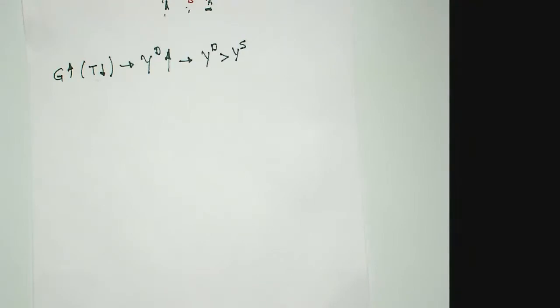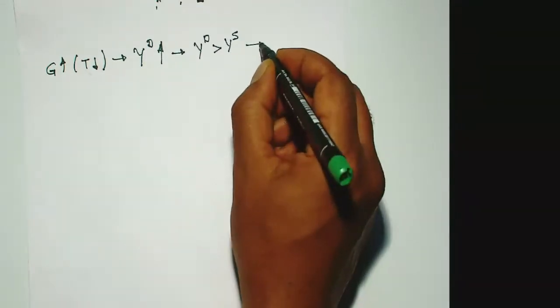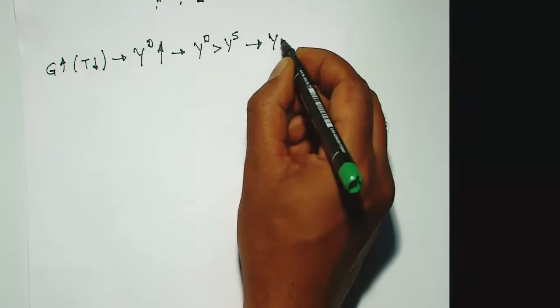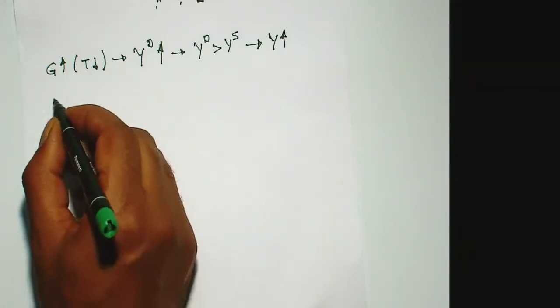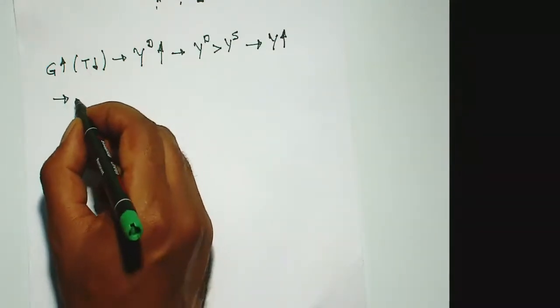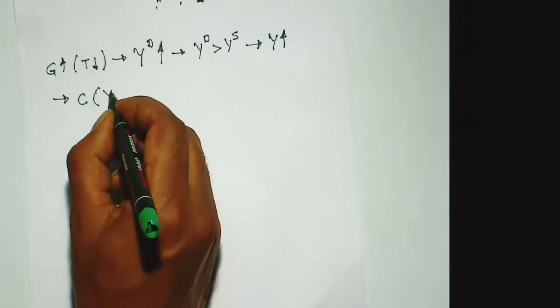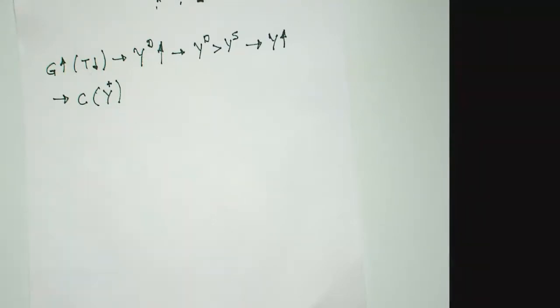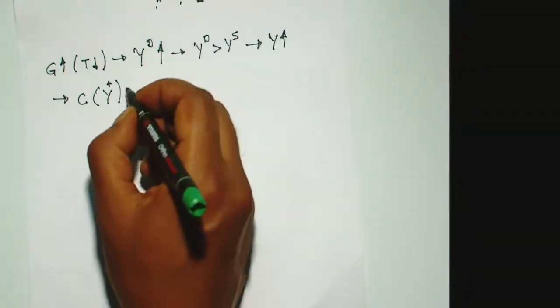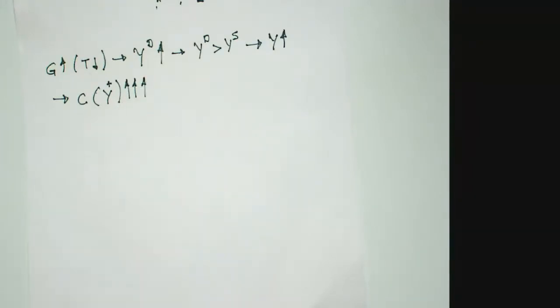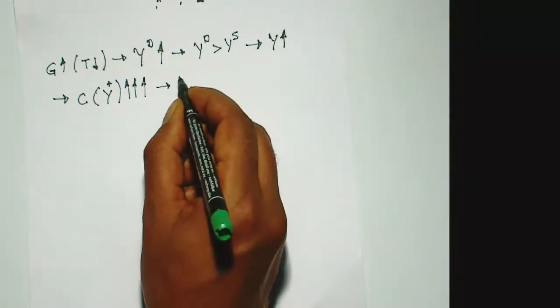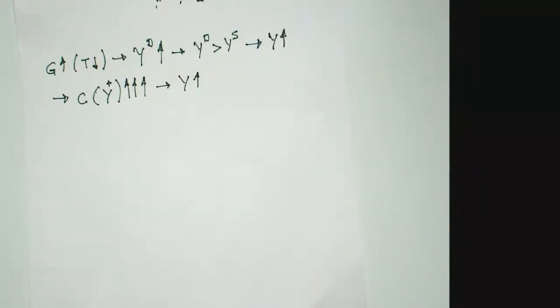If aggregate demand is greater than aggregate supply, our income would be higher, so we would have an increase in Y. This would again translate to consumption, which is a positive function of income. So consumption would increase, which would again lead to an increase in income.